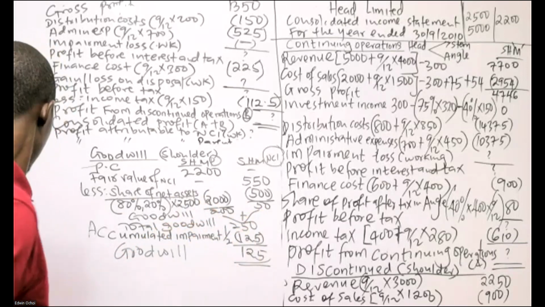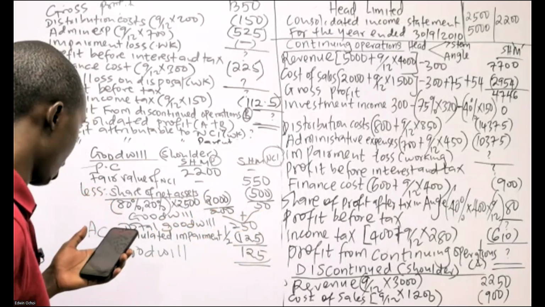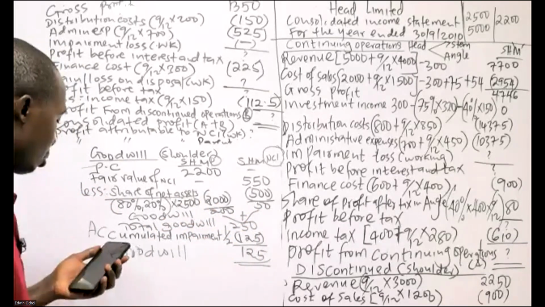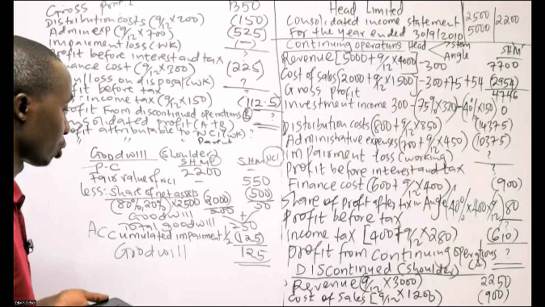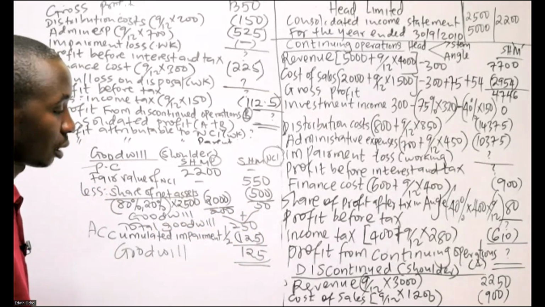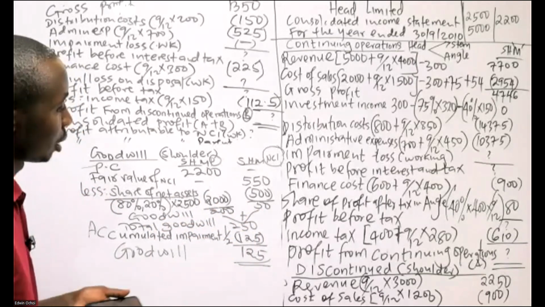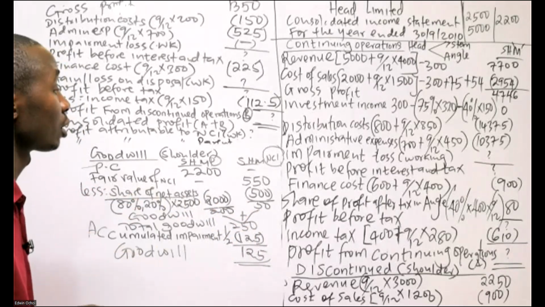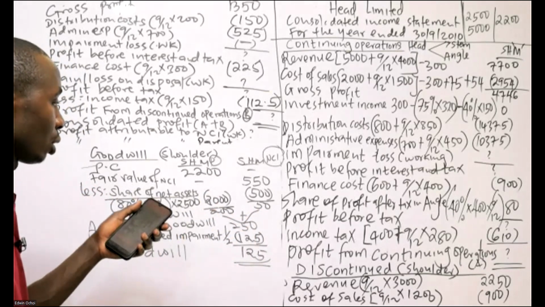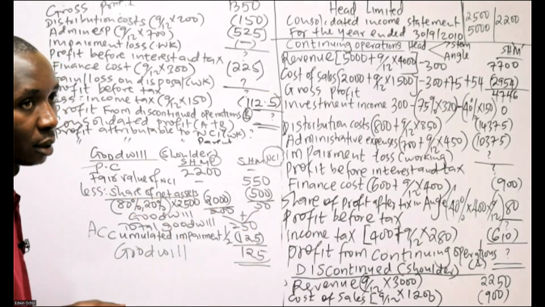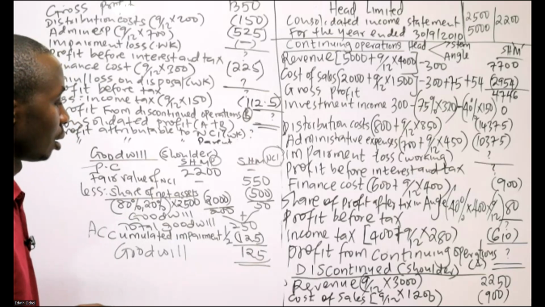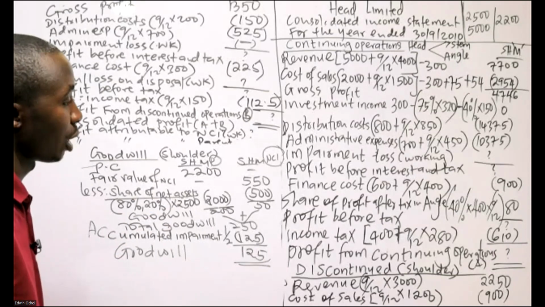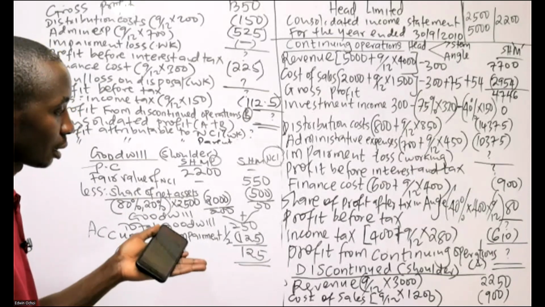Then in additional information, number 5, they have said that this goodwill had been impaired by half by 1st October 2009, which is the start of the current year under consideration. But you know that this goodwill has been computed since Shoulder was acquired in 2007. So by 1st October 2009, the goodwill has been impaired by half. That we call accumulated impairment, from 2007 until the start of the current year.